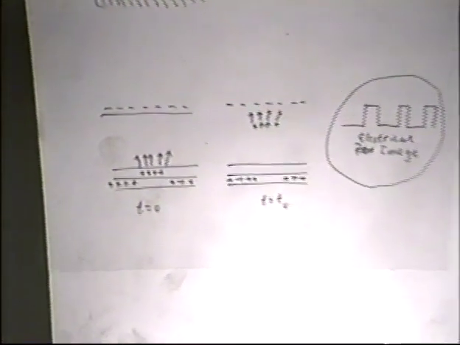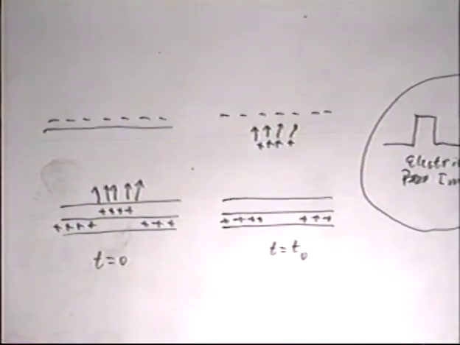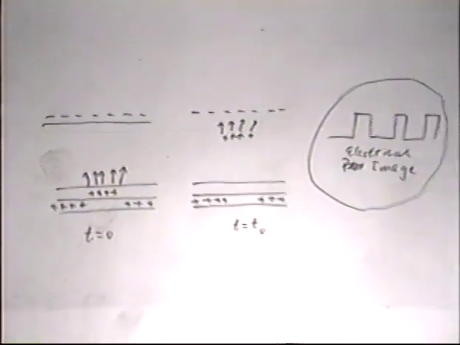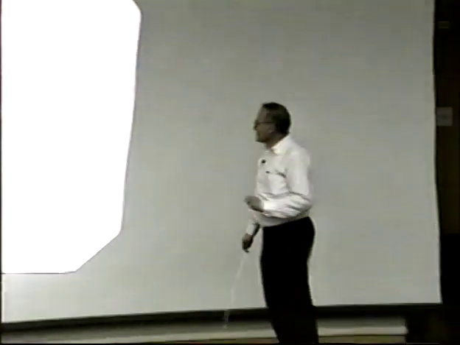Okay? This migration, again, can be modeled mathematically as a diffusion process in an electric field. And again, I'm not going to talk about this.